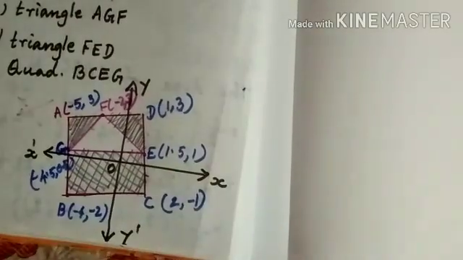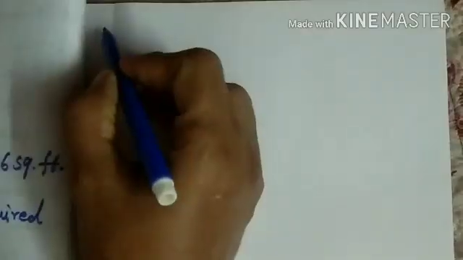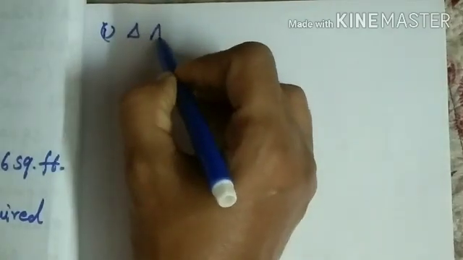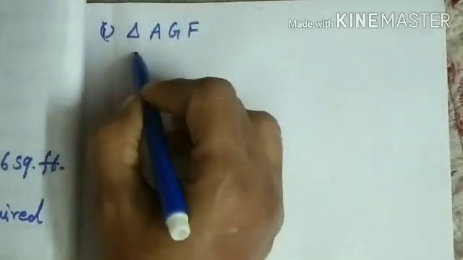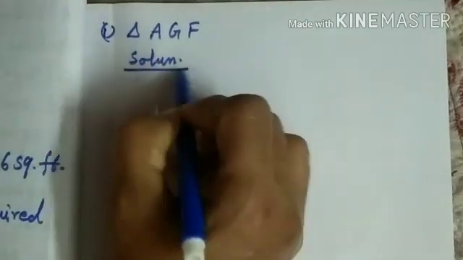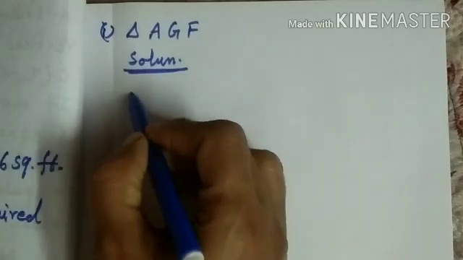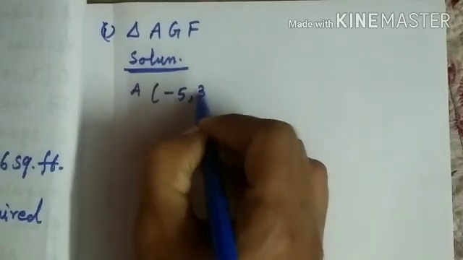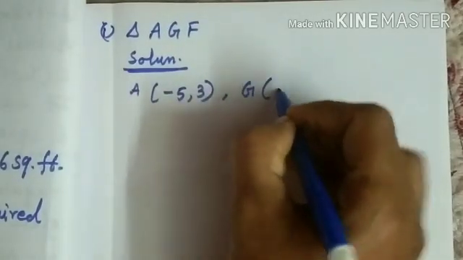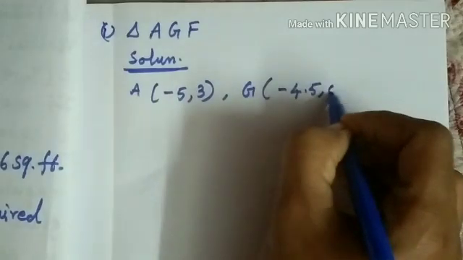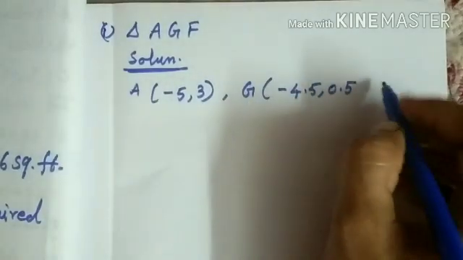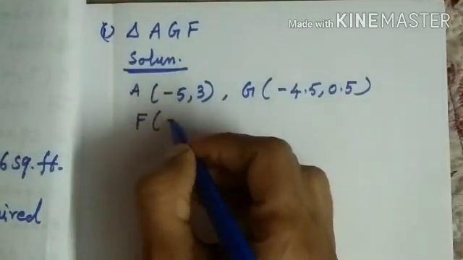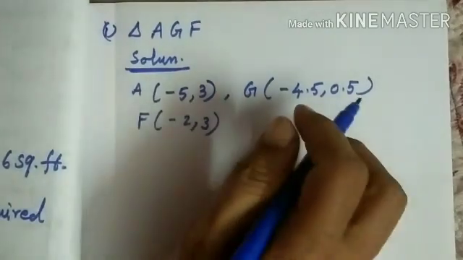Now, let us do the solution. First subdivision, area of triangle AGF. Solution, first you take down and write the vertices A(-5, 3), G(-4.5, 0.5) and F(-2, 3).